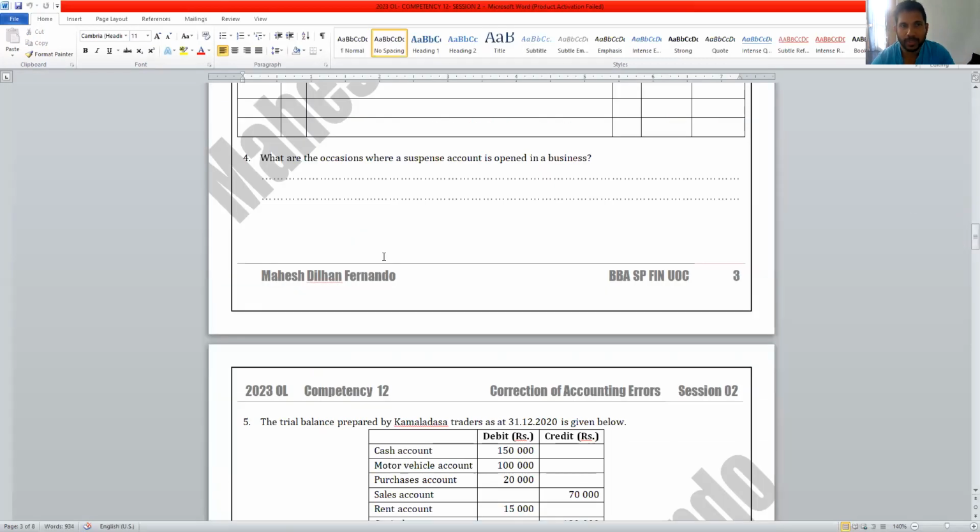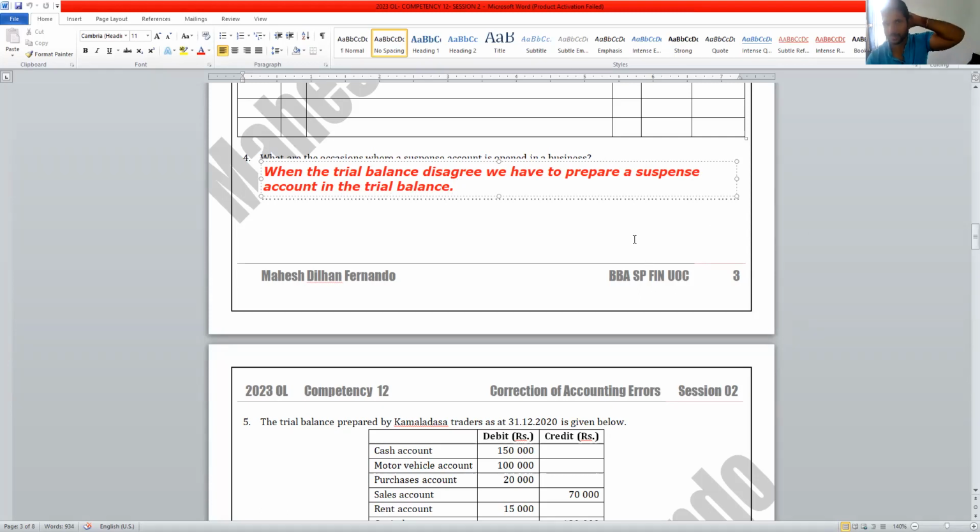What are the occasions where the suspense account is opened in the business? Write it down like this: when the trial balance disagree, we have to prepare a suspense account in the trial balance.